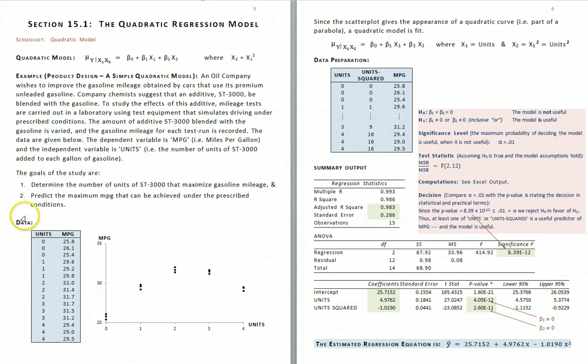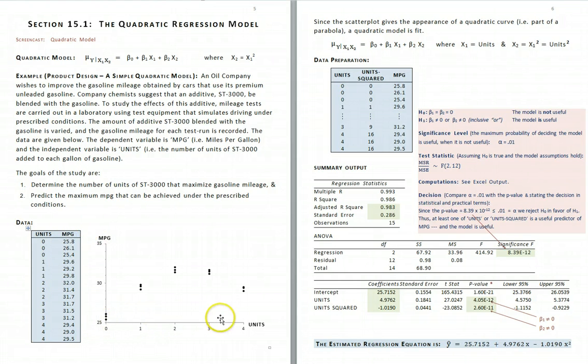Here's the data. The independent variable, call it X, is the units of additive per gallon of gasoline. The dependent variable, Y, is miles per gallon of the standard car.